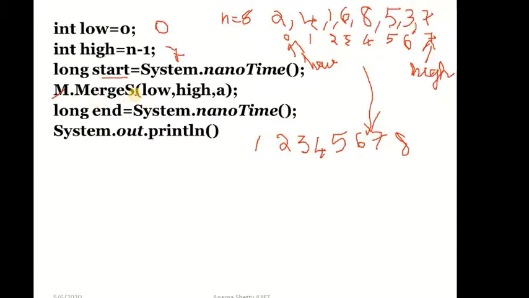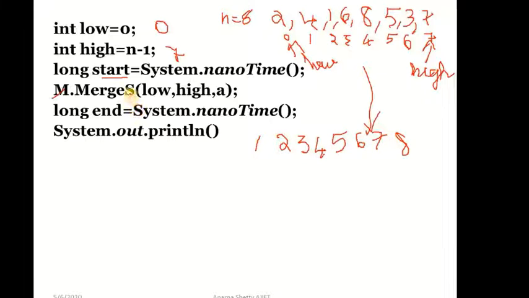System.nanoTime will return the current system time in nanoseconds, and I will assign it to start. Next I will call the merge sort method, which will sort this array and arrange the elements in increasing order.